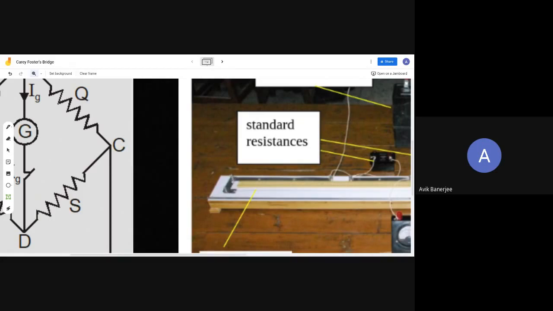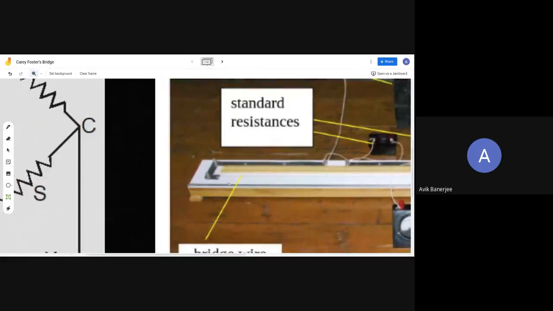It is a metal strip, it is flat, and the cross sectional area is big. So the resistance of this thing is very small. We should be able to ignore that.